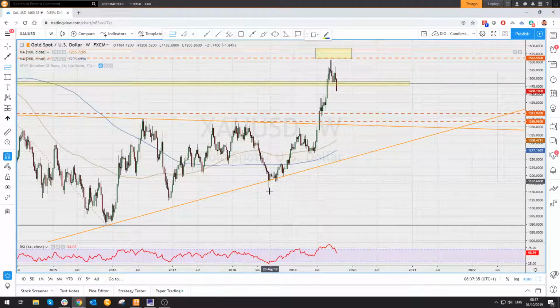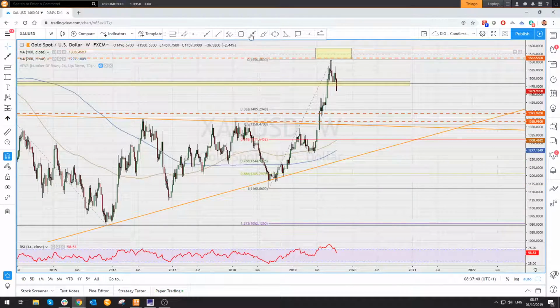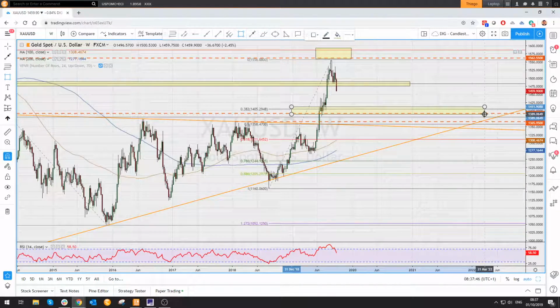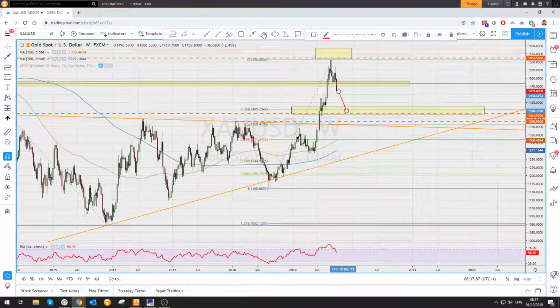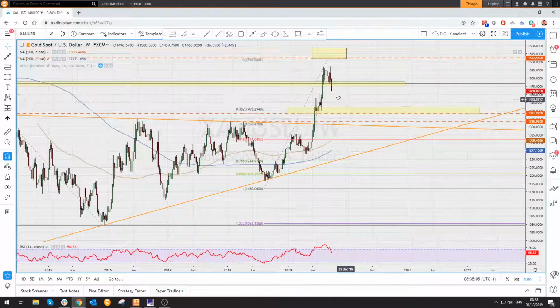So what I'm hoping happens is that by the time gold reaches somewhere here, the dollar index hits that 100 level, and both of them reverse at the same time. That's what I'm hoping happens.